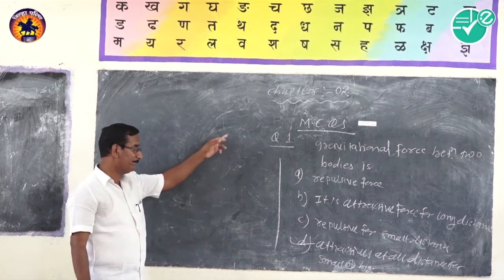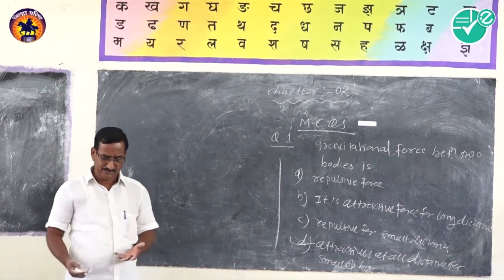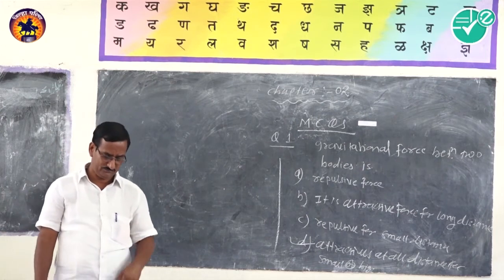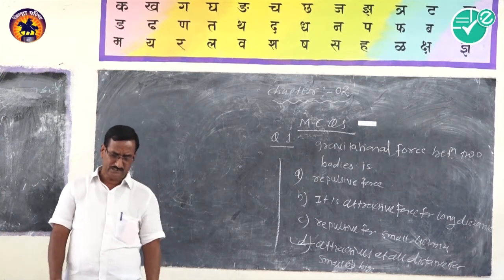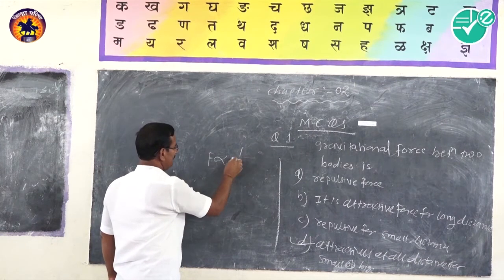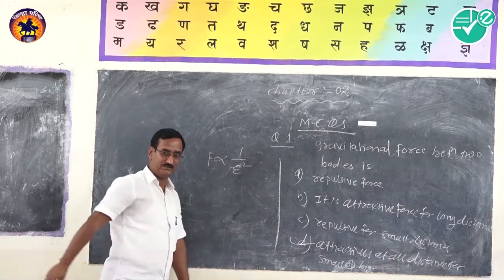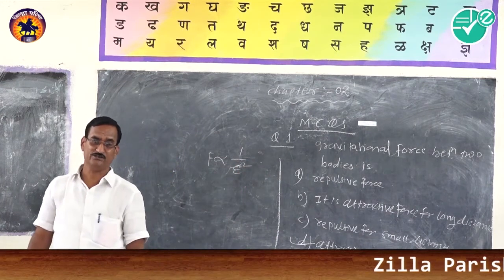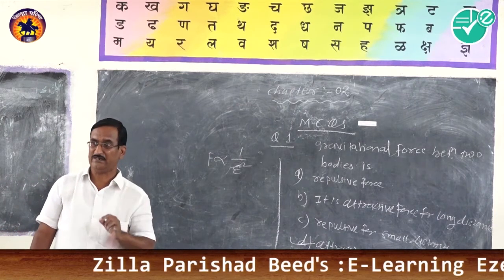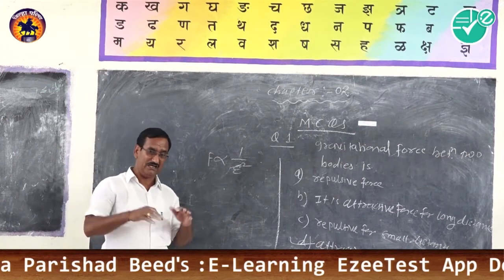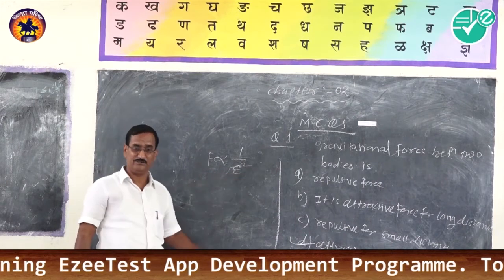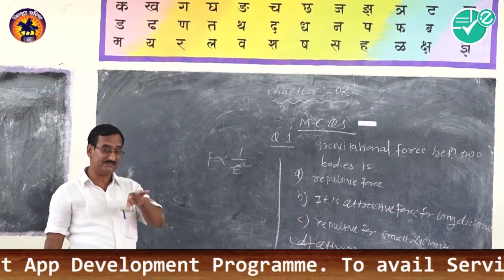From this question, again simply from Newton's law of gravitation, F is inversely proportional to R square. According to Newton's statement, the force of attraction between any two bodies is inversely proportional to the square of the distance between their centers.